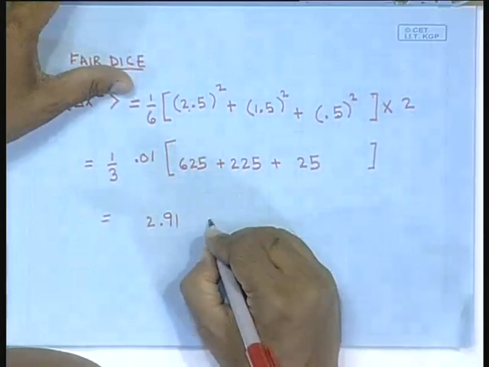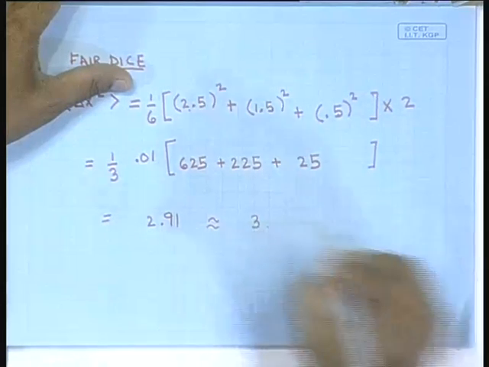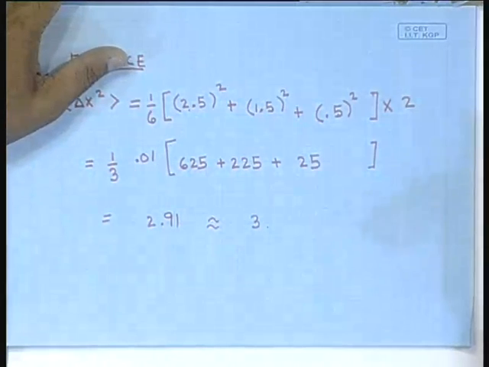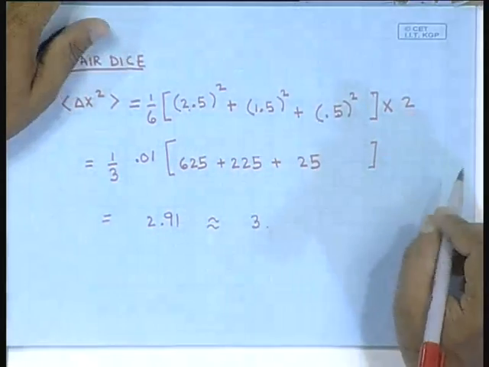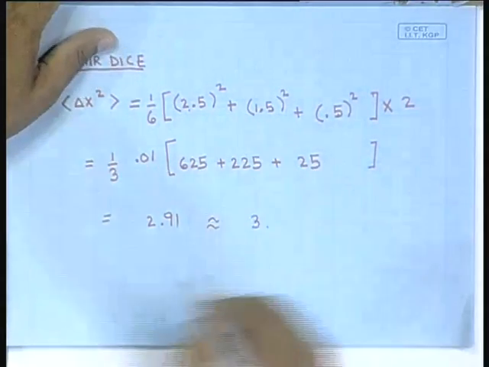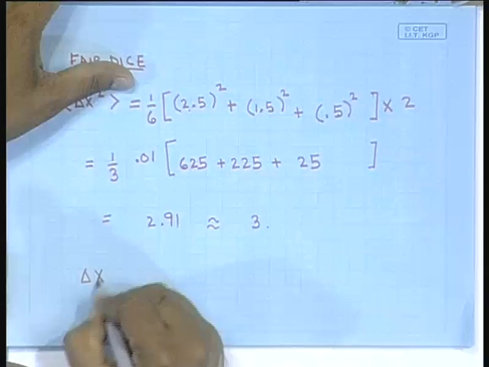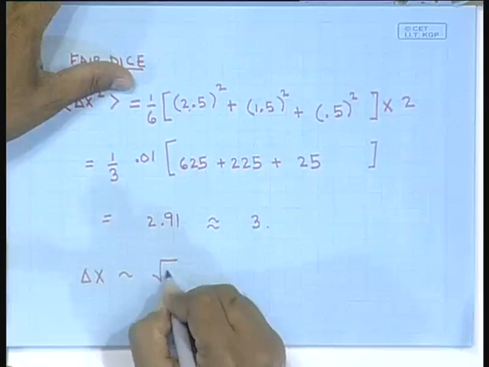So, this is approximately of the order of 3, the variance, and if I take the square root of this, the uncertainty in x is of the order of the square root of 3.